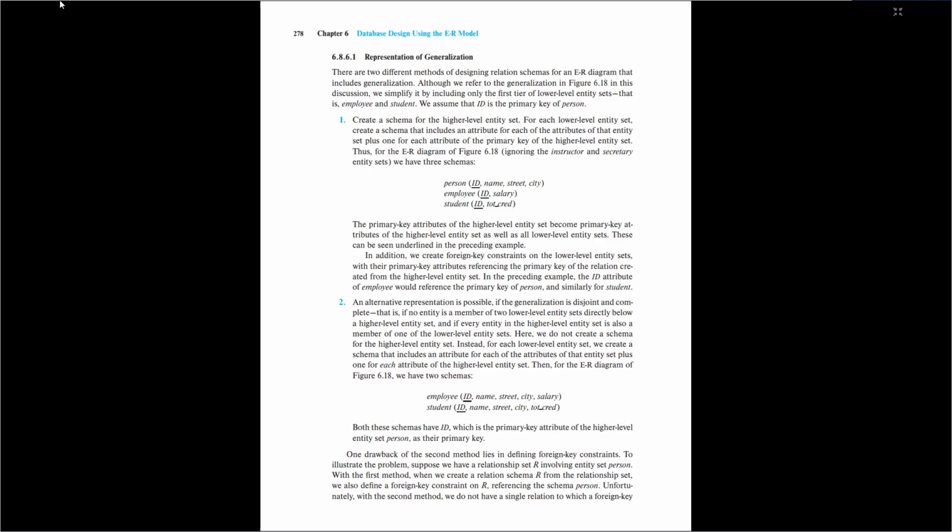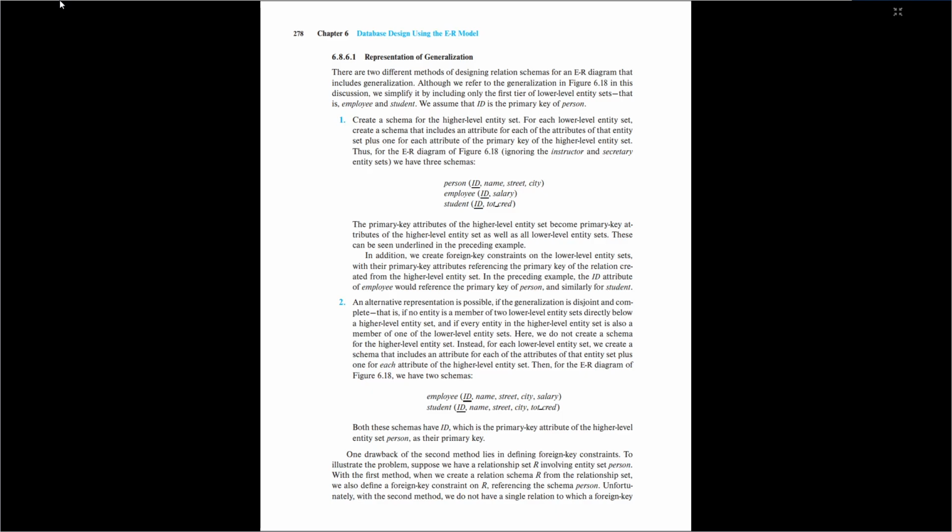The primary key attributes of the higher-level entity set become primary key attributes of the higher-level entity set as well as all lower-level entity sets. These can be seen underlined in the preceding example. In addition, we create foreign key constraints on the lower-level entity sets, with their primary key attributes referencing the primary key of the relation created from the higher-level entity set. In the preceding example, the ID attribute of employee would reference the primary key of person, and similarly for student.